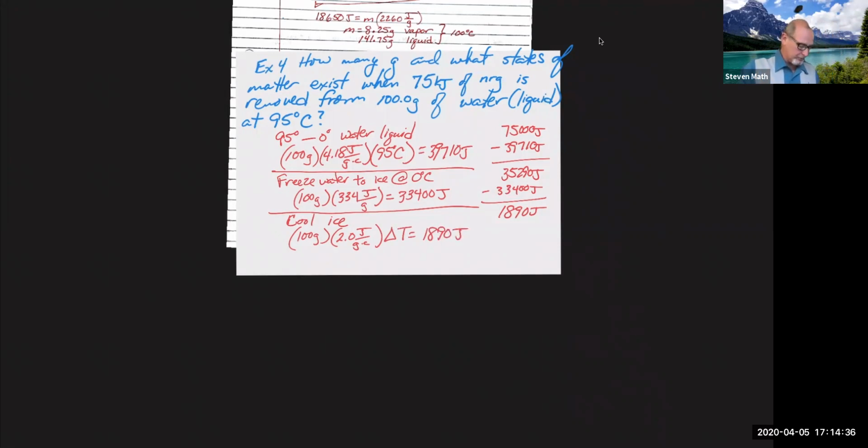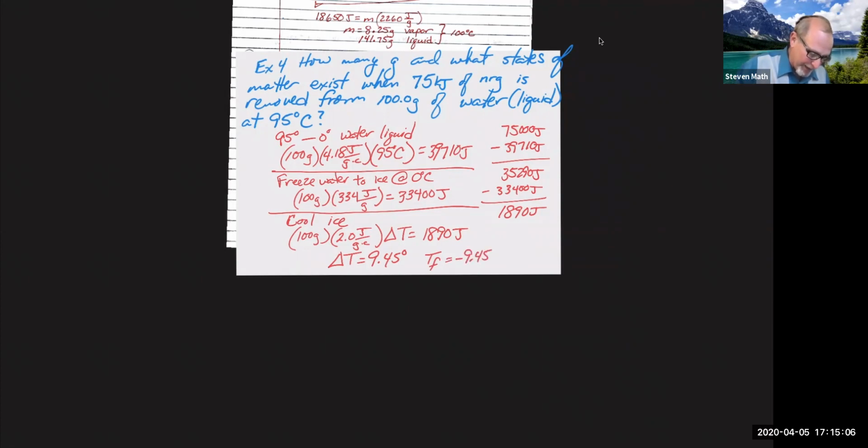Well, the change in temperature is going to be about 9.45 degrees. But remember, we started at 0. So the final temperature is negative 9.45.